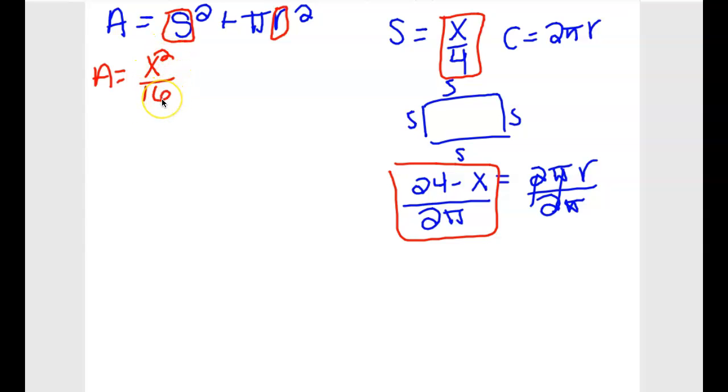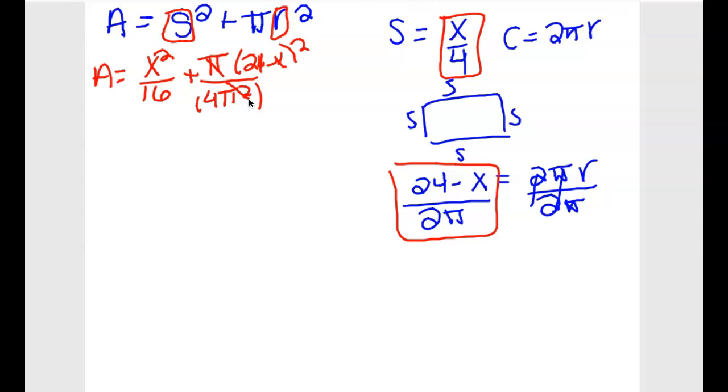So x squared over 16 plus pi over 4 pi squared times 24 minus x squared. So you can cancel out a pi.